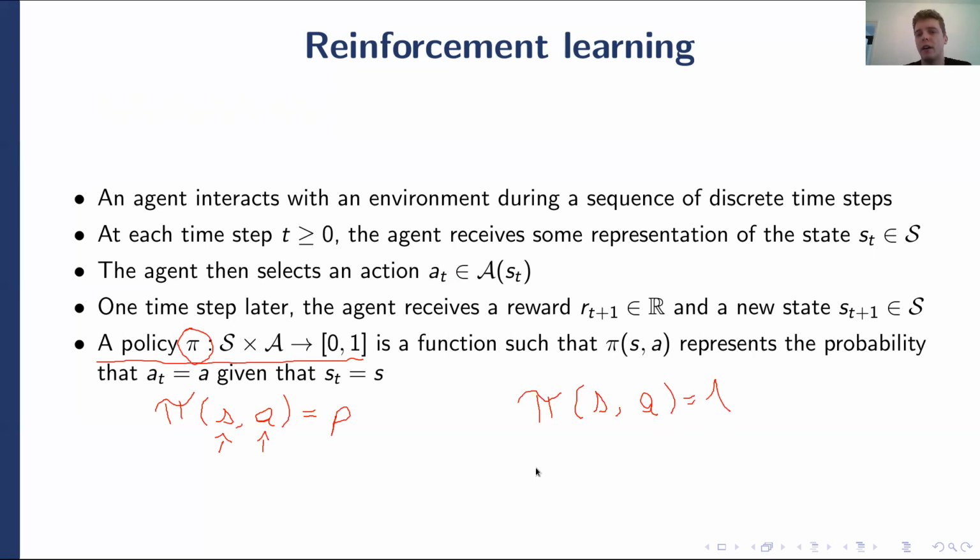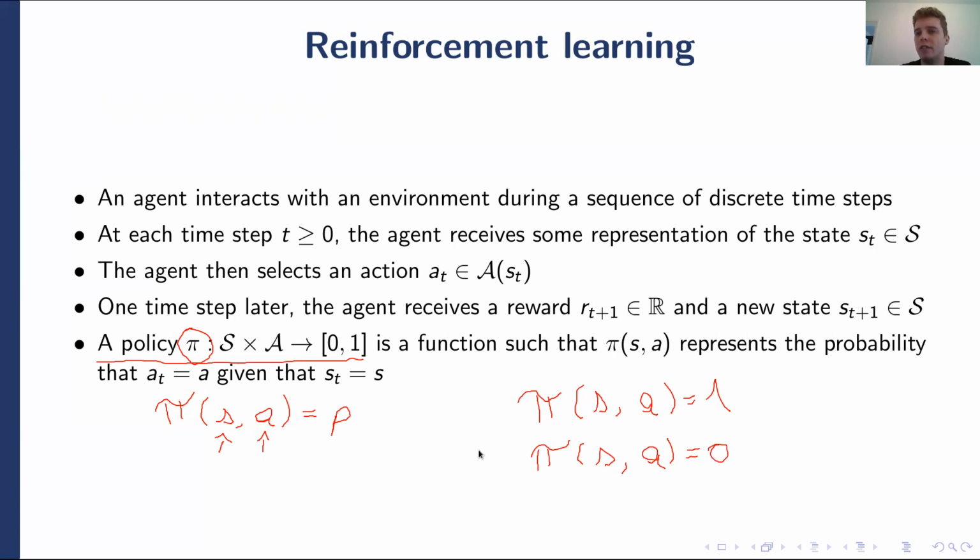The opposite could also be represented by a policy. If in a specific state S, the agent would never take action A, we could represent that by pi of S and A being 0.